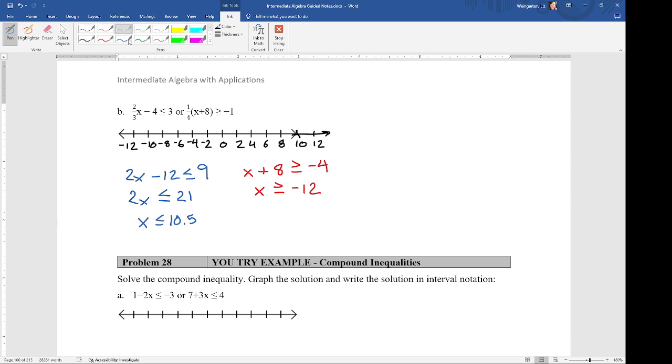So let's graph our first one, and we can be approximate. This number line isn't fantastic. X can be less than or equal to. X can be greater than or equal to negative 12.